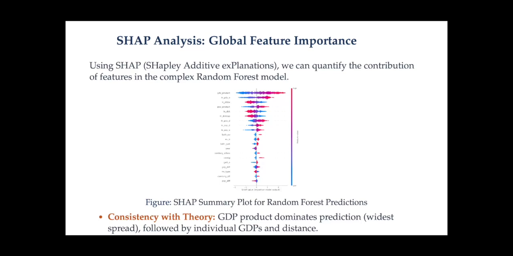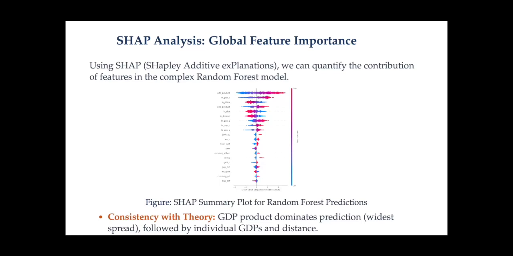The second one is GDP of origin, then distance between the countries, population product, which is population of origin and destination, different measures of distance, distance of capitals, GDP of destination country, and population of this destination country, correspondingly. We can see the order from higher feature value to lower value.